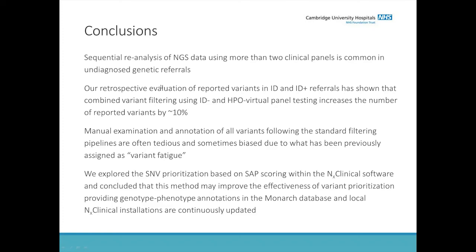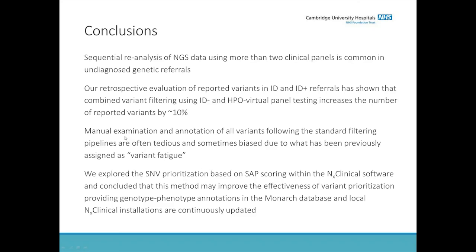On the retrospective evaluation of these referrals, I can now see that the combined variant filtering using the ID and the HPO virtual panel testing would not only detect all the reported variants, but would also increase the number of reportable variants by 10%. So that is quite a significant increase.